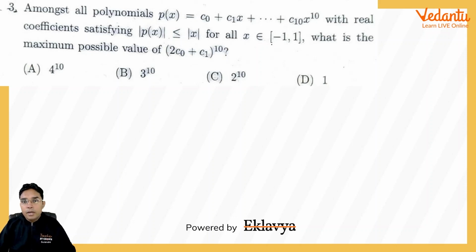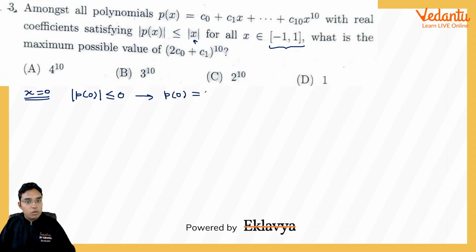Now because x is from minus 1 to 1, naturally we can put x equal to 0, and the logic behind it is that this x equal to 0 will make this mod 0, and this will give us one very important conclusion: that |p(0)| will be less than or equal to 0, which means p(0) has to be equal to 0 because this is a non-negative quantity, and less than 0 is not possible. It can be only equal to 0.